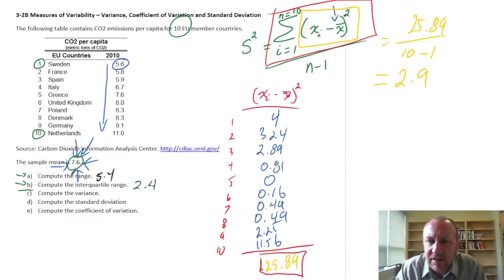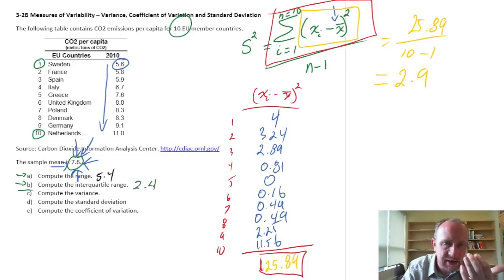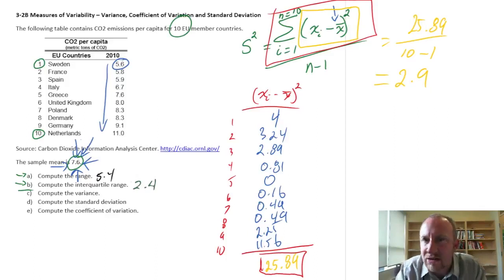This gives us a measure of the variability of the data set, but on its own it can be hard to interpret for a couple of reasons. One, in terms of its magnitude, a larger number means a greater amount of variability relative to a smaller number. But still, it's more useful when you can compare it against other measures of variance. So here I have a sample of per capita emissions for EU countries.